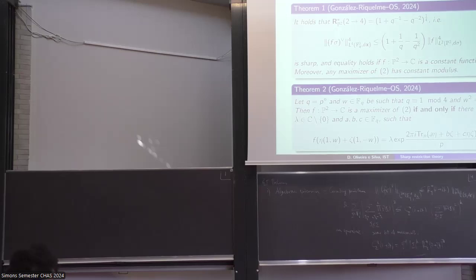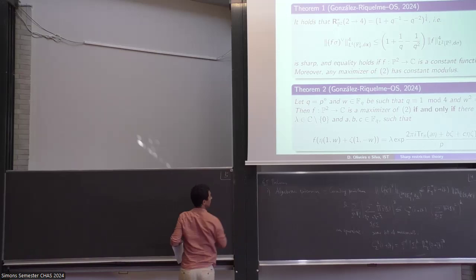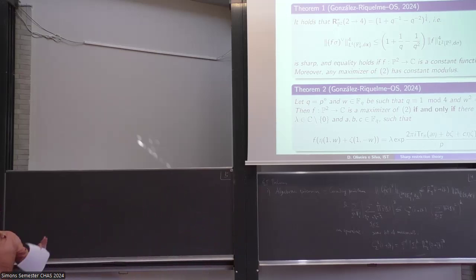So the first preliminary was this equivalence between algebraic extension and a counting problem. The second board will be about some elementary facts of number theory over finite fields.